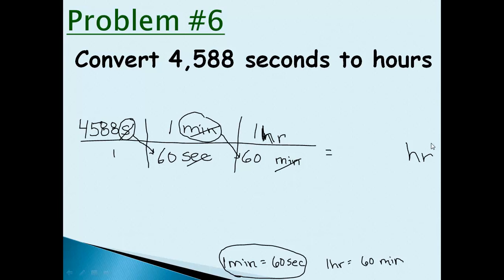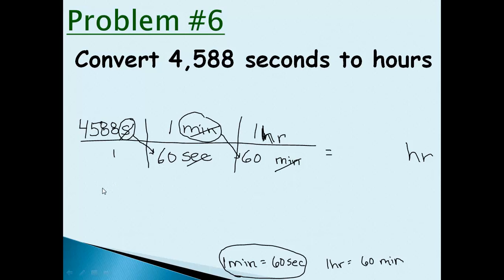If we plug this into our calculator, and here's a good example of the math, we need to take 4,588 times 1 times 1. And then we need to divide it by 1, divide it by 60, and divide it by 60.